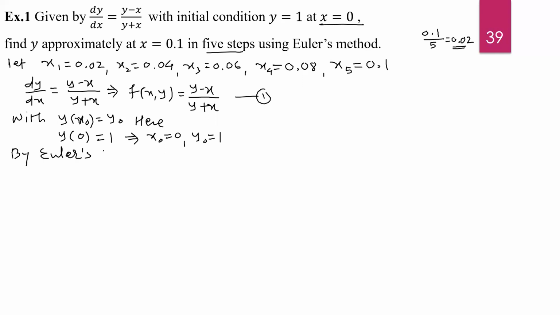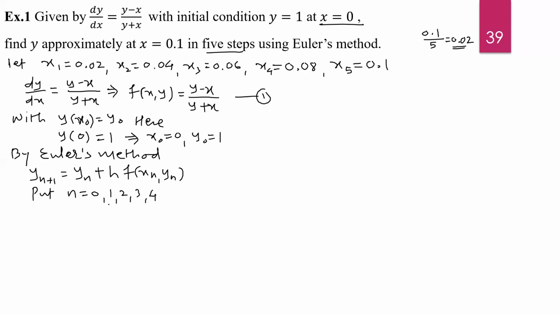By Euler's method, y suffix n plus 1 is equal to y suffix n plus h times f of x suffix n comma y suffix n, where h means the difference. And we put n is equal to 0, 1, 2, 3 and 4, because we want the 5 steps.